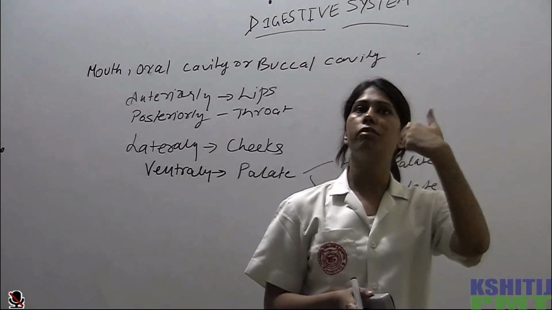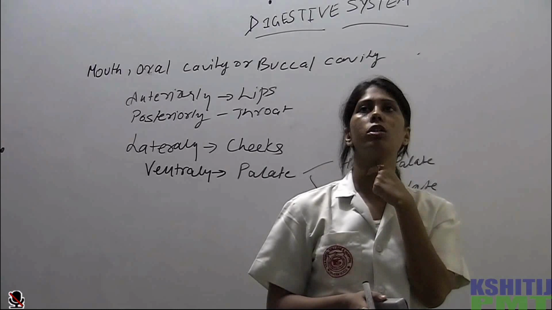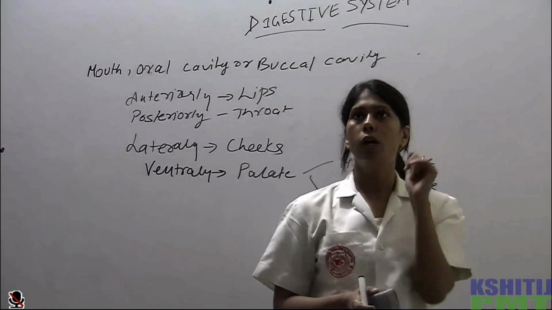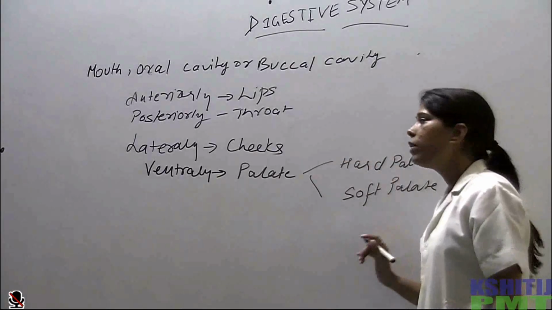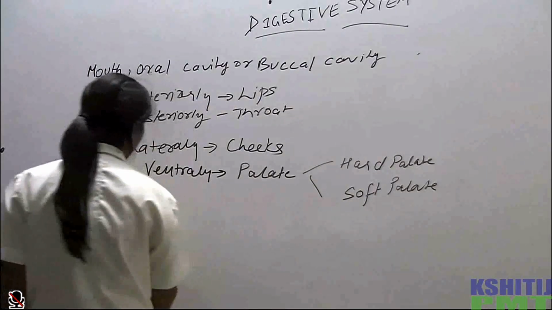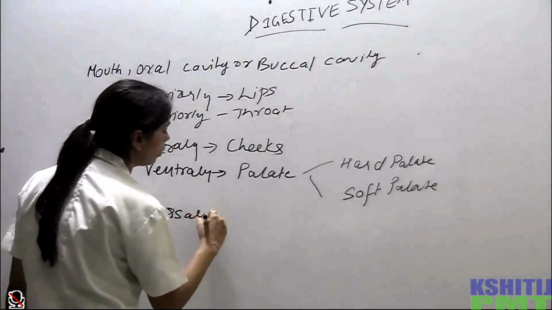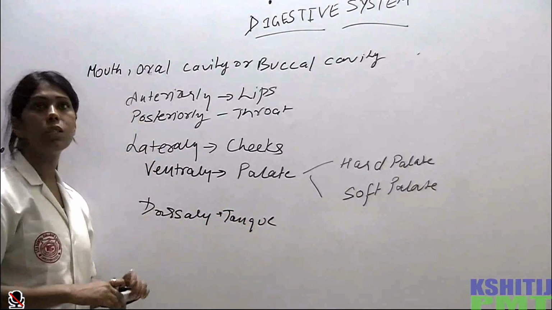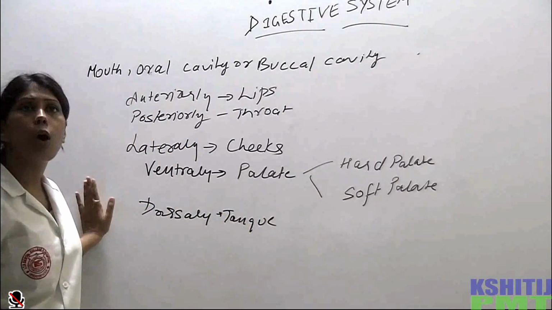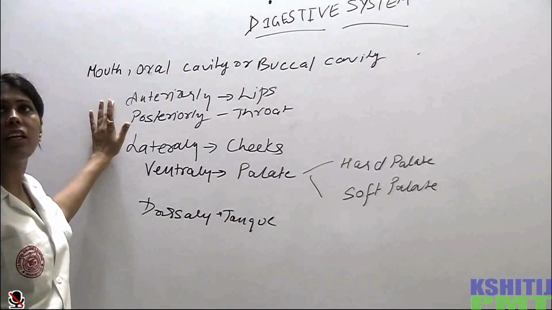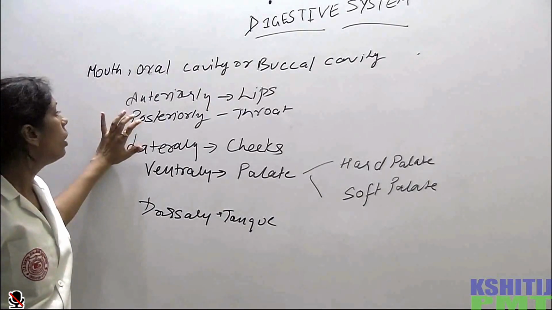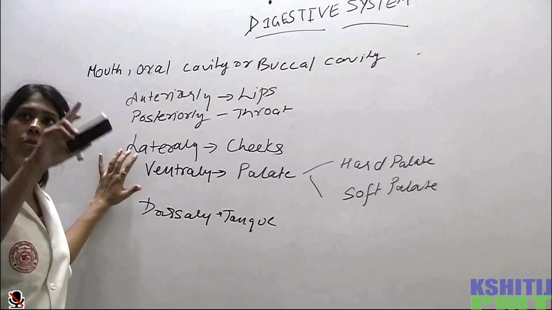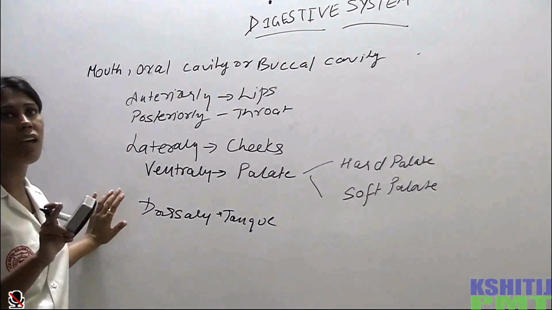Whereas if you touch your tongue posteriorly, you can appreciate something comparatively soft. Okay, so that is the soft part. Now here dorsally we have tongue. So this whole thing is the walls of oral cavity. Anteriorly we have lips, posteriorly we have throat, laterally we have cheeks, ventrally we have palate. Palate is of two types, hard palate and soft palate, and dorsally we have tongue.